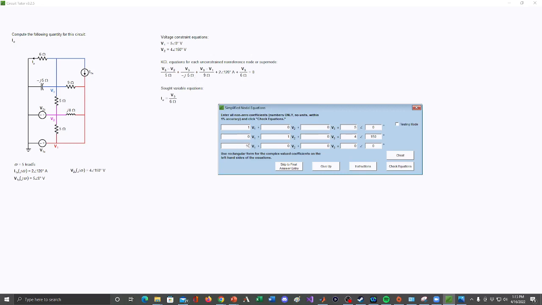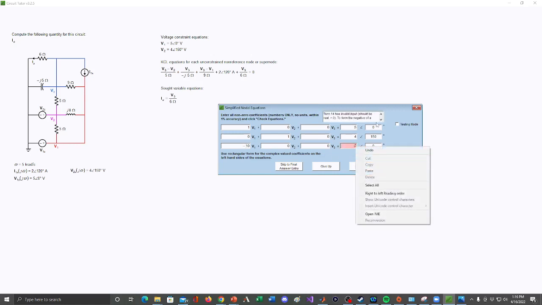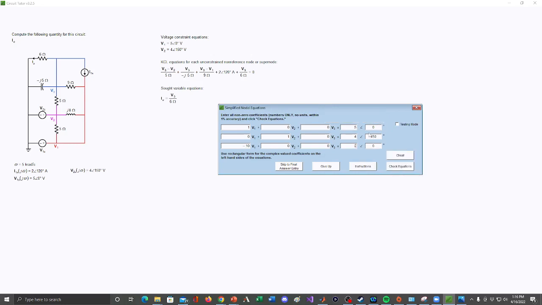If I multiply by 90 ohms, V1 is going to be 10, or minus 10. So actually, I'm going to move this part to the other side. So instead of 180 degrees, I'm going to make it minus 60 degrees.